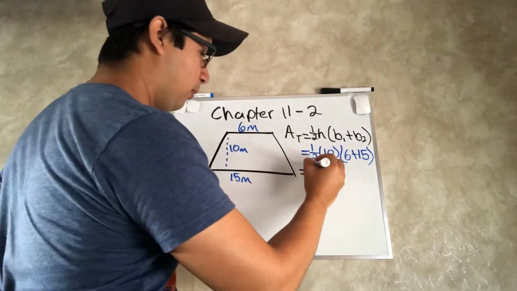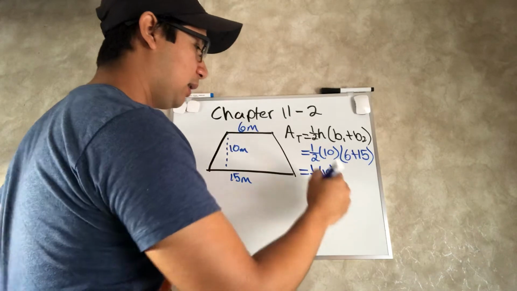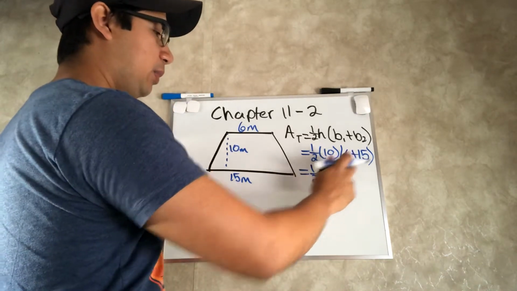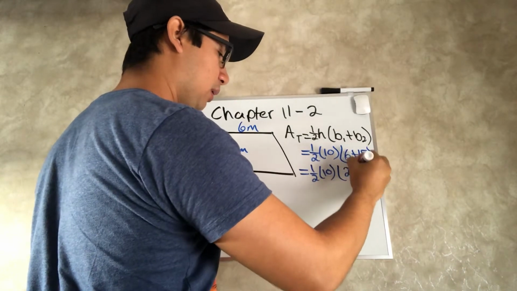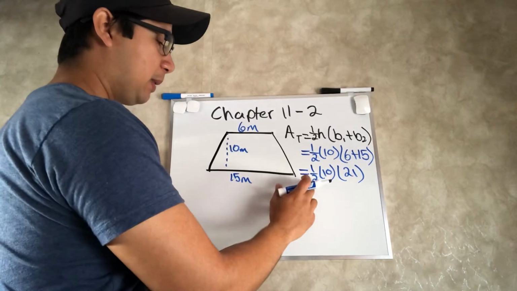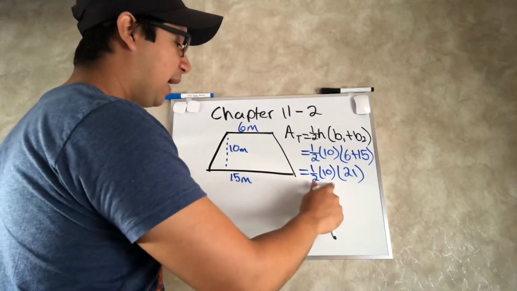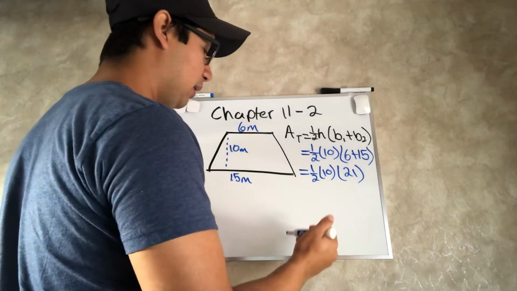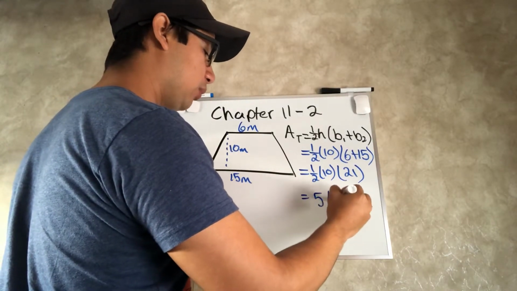Now we have 1/2 times 10, and then 6 plus 15, that's going to be 21, so times 21. Okay, and then we multiply. Everything's multiplication, so it doesn't matter which order you do it. 1/2 times 10, that is going to be 5 times 21.